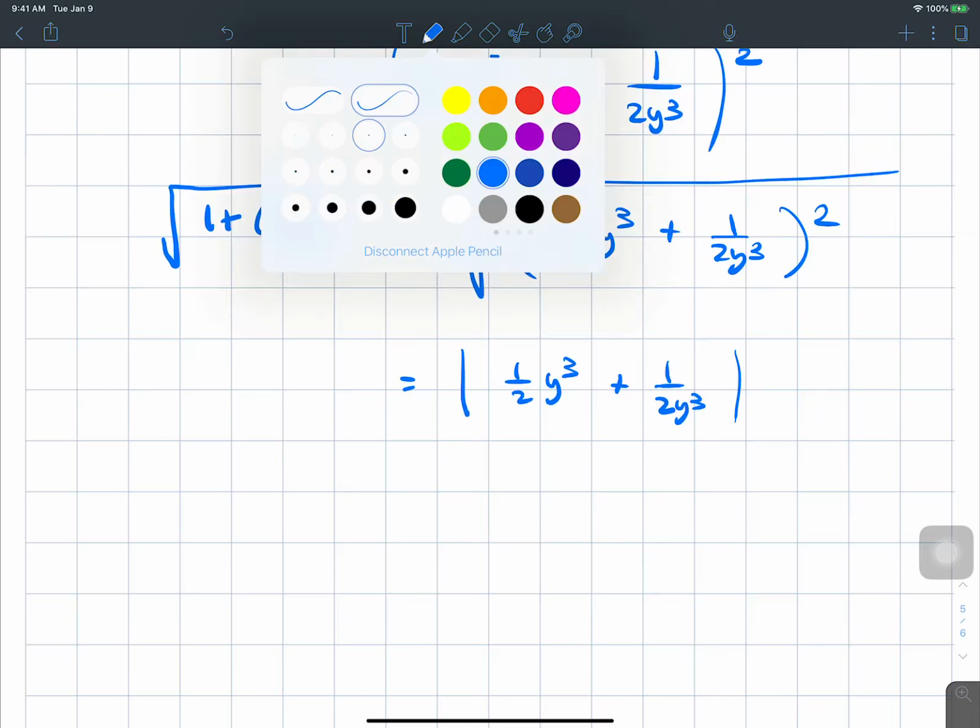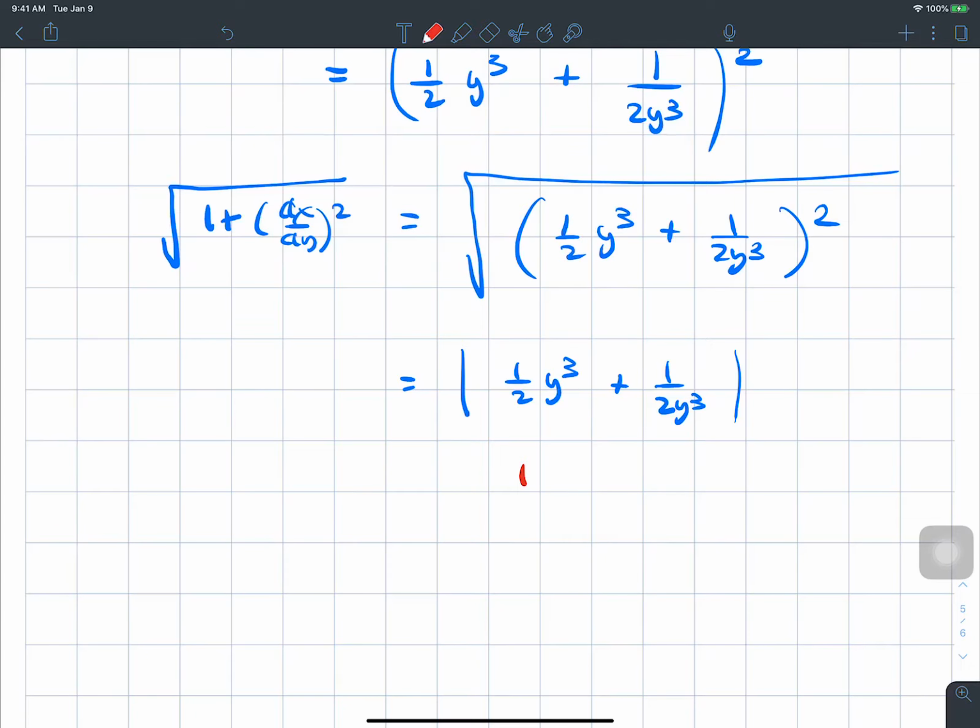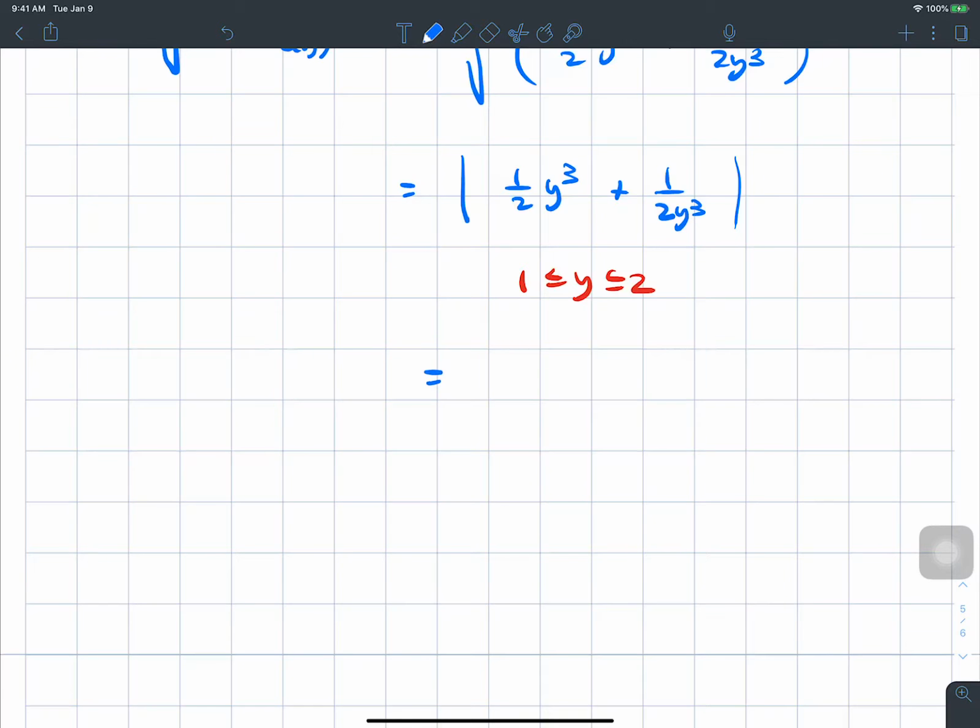Now you say, what is this good for? It's good for y between 1 and 2. Why is that important? Because the absolute value is positive. I can get rid of my absolute value sign, right? 1/2 y cubed plus 1 over 2y cubed is positive for the y values that they gave us.